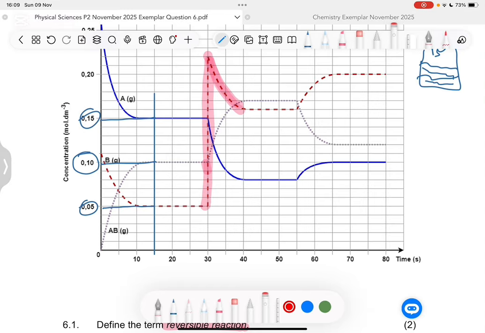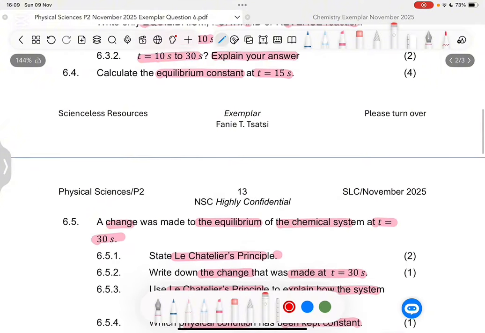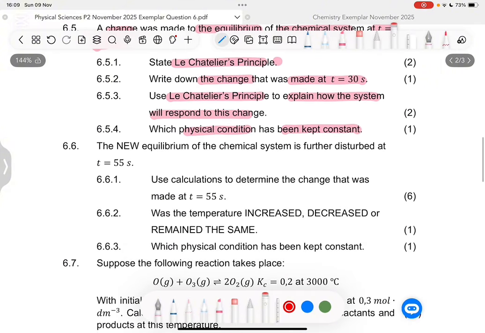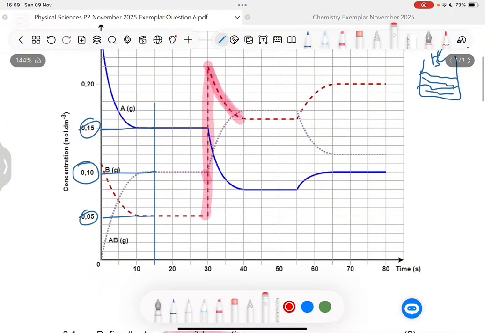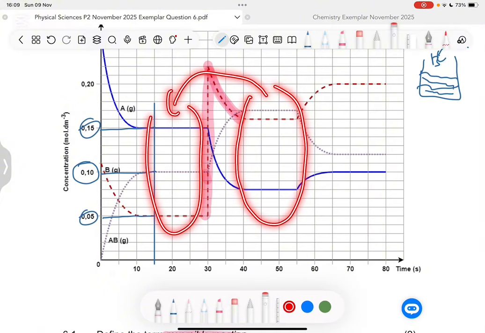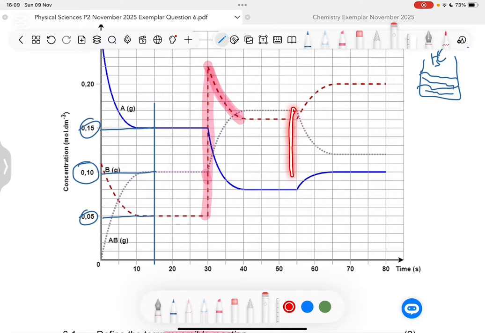Now, if we then move to the next question, it says here that the new equilibrium of the chemical system is further disturbed at T equals 55. Let us look at that. We spoke about this. You can see that here we'll have a new equilibrium to this equilibrium here. But this very new equilibrium gets disturbed at this point here when we are at 55.